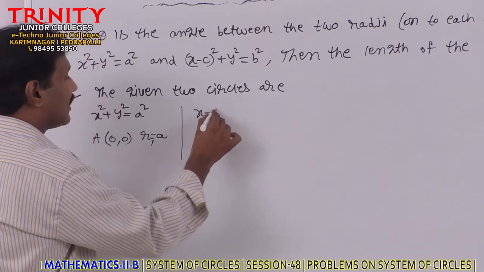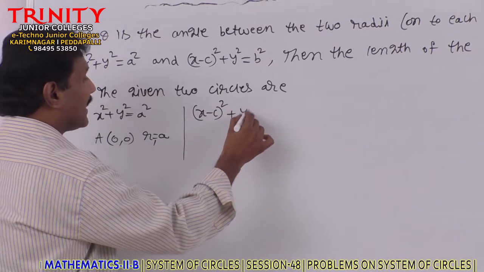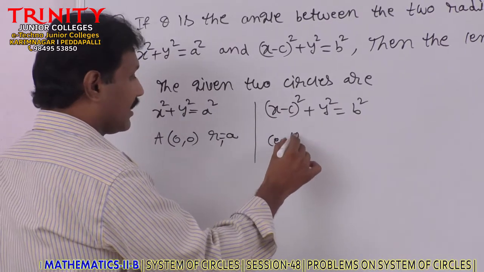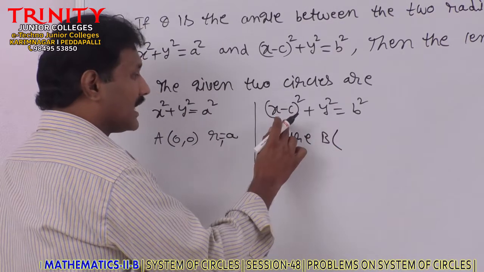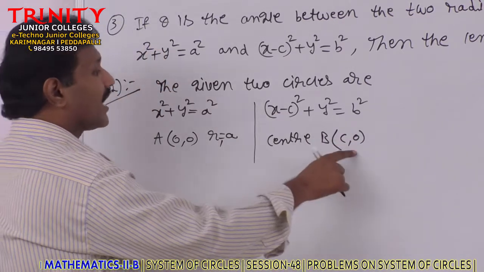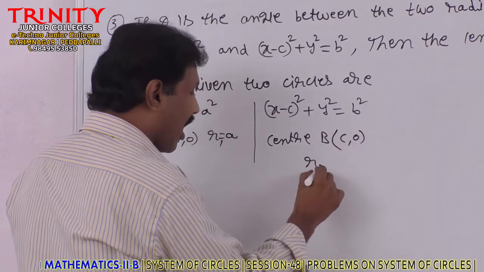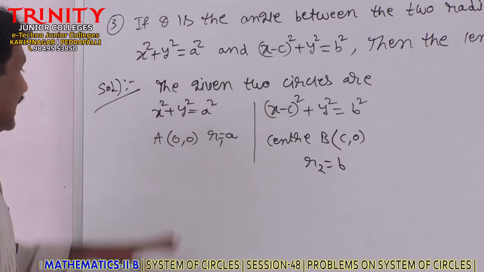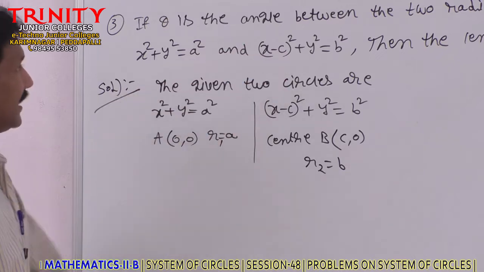The second circle is (x minus c) whole square plus y square equal to b square. Here the center, named B, is (c, 0), and radius r2 equal to b. These are the informations of the given circles.